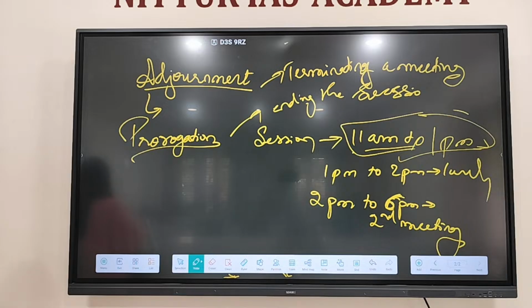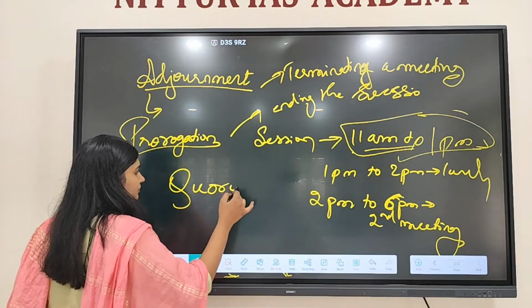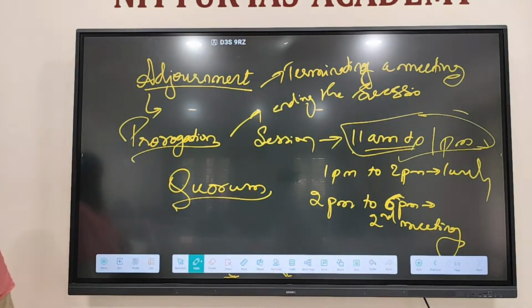Next, quorum. Yesterday we have already discussed quorum. It is 1/10 of the total number of members in each house, including the presiding officer.